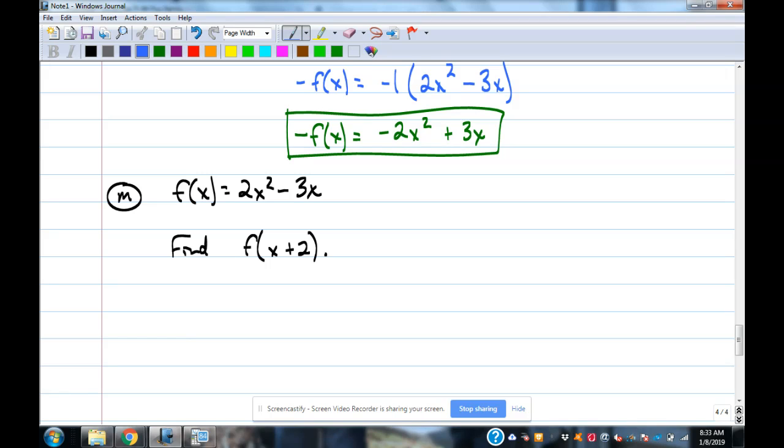What are we doing with the x plus 2? Plugging it in for x. So f of x plus 2 is equal to 2 parentheses x plus 2 squared minus 3 parentheses x plus 2.